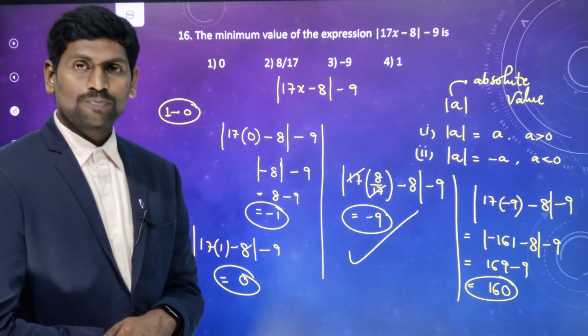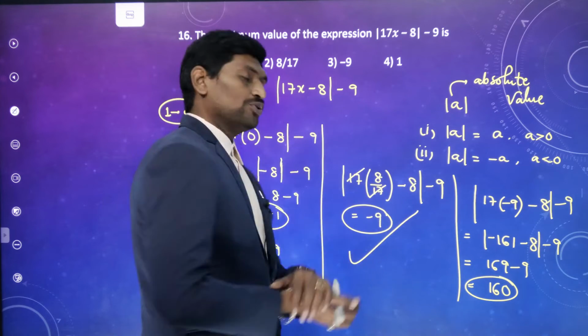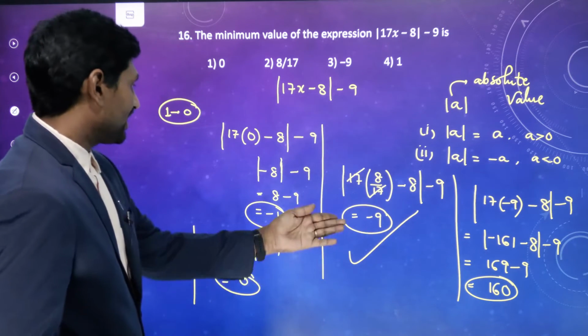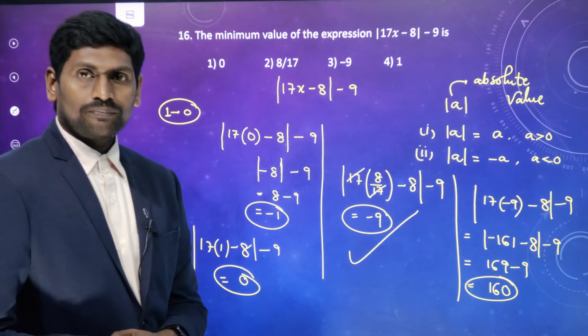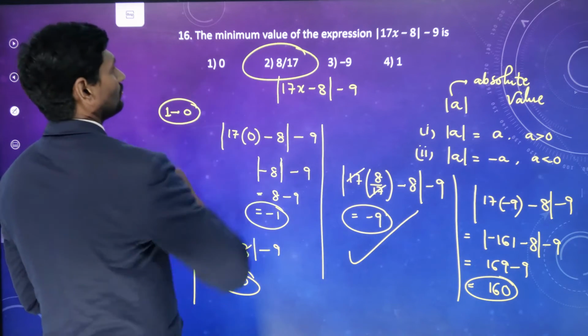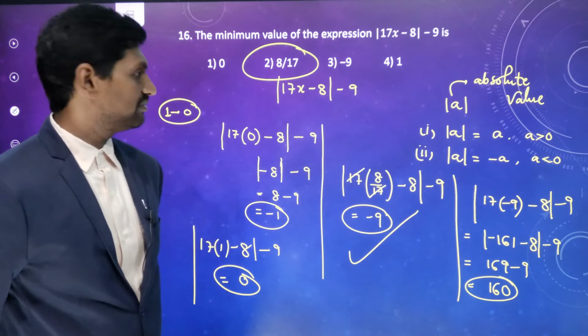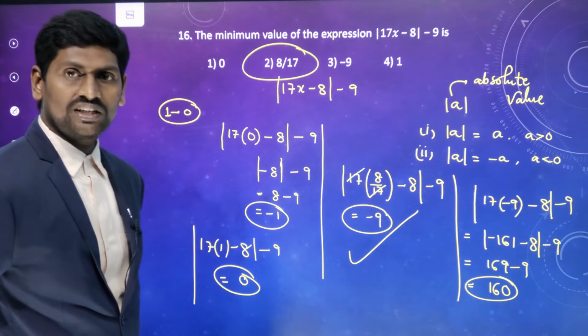Okay? To get the smallest value, the modulus value should be 0. So the option is 8 by 17. Clear, children?